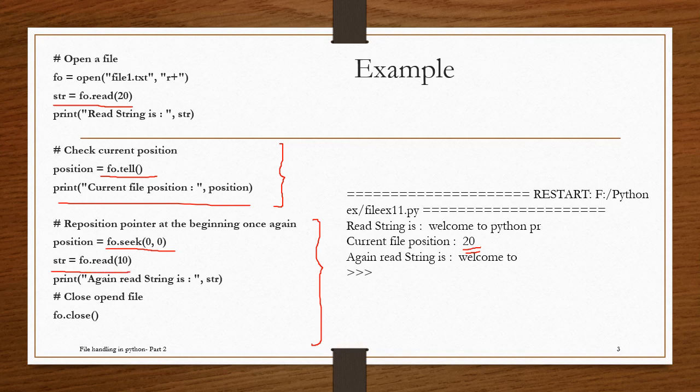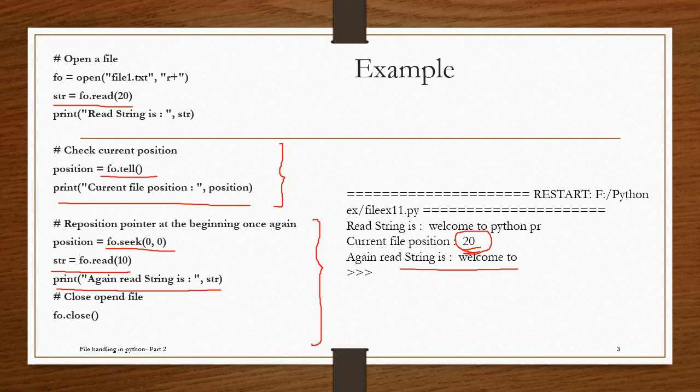Then in the next statement, I am again attempting to read the first 10 bytes from the file, and the read content is again displayed using a print statement. So we can see that the reading starts from the beginning, but after the first read, the position of the file was at the 20th position.